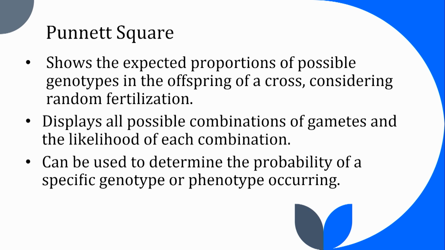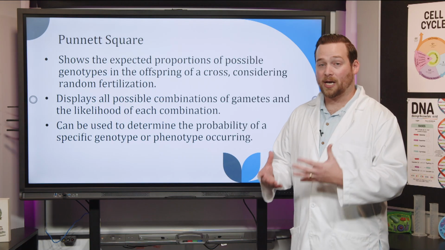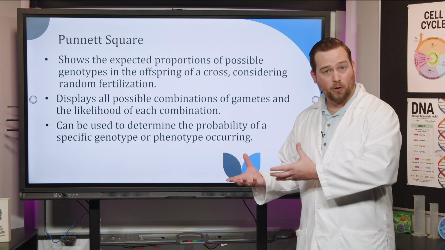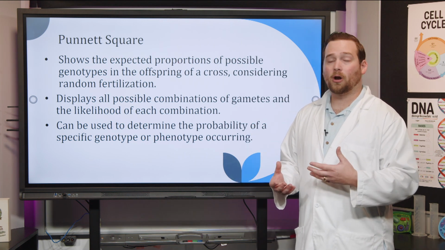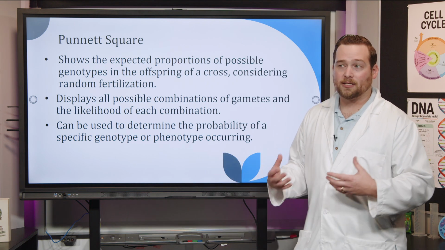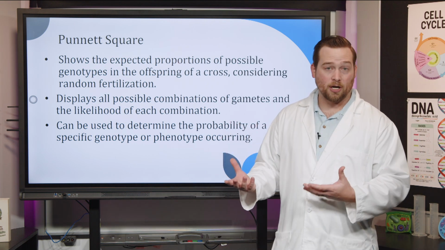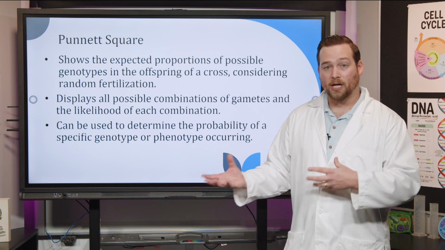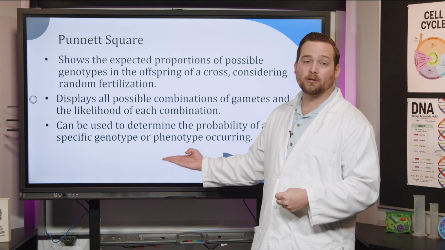Remember that genotype talks about your allele combination. So what are the letters that you have? Do you have two capital letters, two lowercase letters, one of each? That would all be considered your genotype. Your phenotype, on the other hand, is the physical expression of those genes. So are you tall? Do you have brown hair? Are you left-handed? Those would all be considered a phenotype.